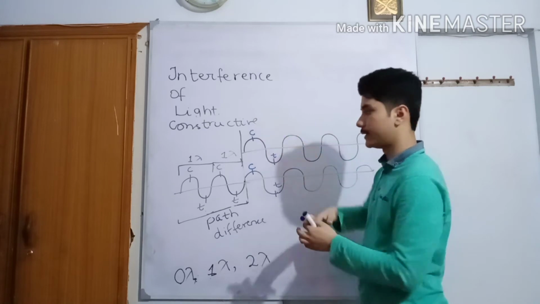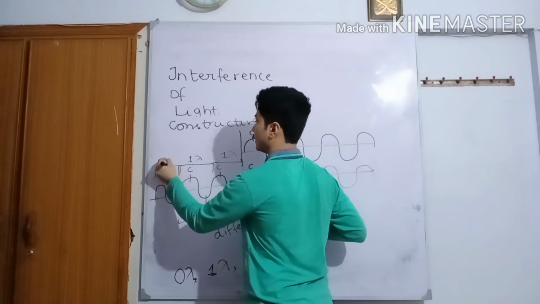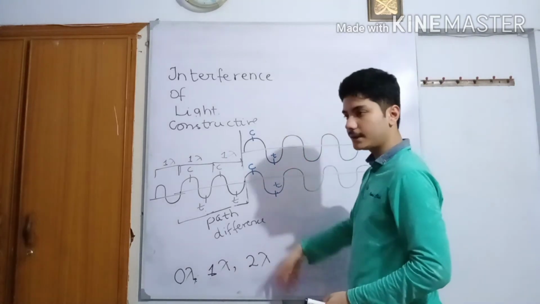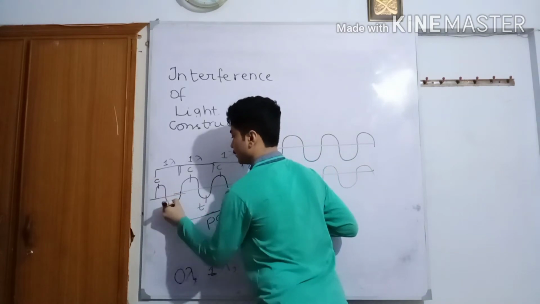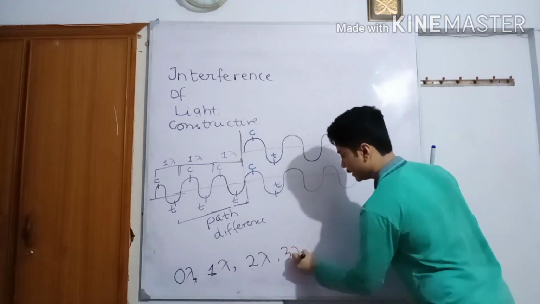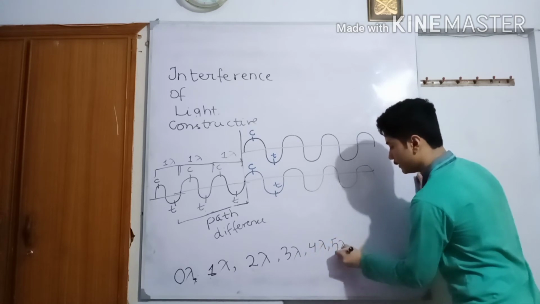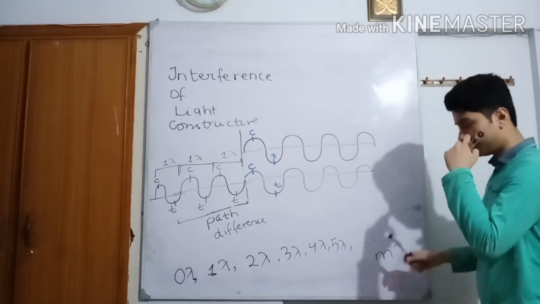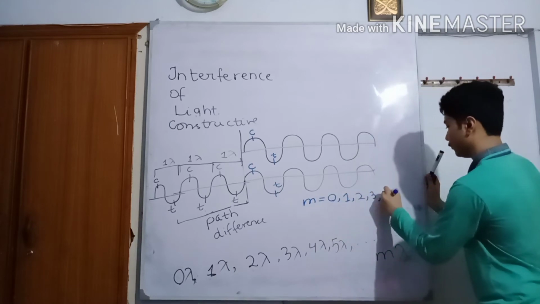It is constructive interference. If I add one more wave here and just assume that I started a light wave from here, what kind of interference is it? It is still constructive, because crest and crest are moving together. So 1 lambda plus 1 lambda plus 1 lambda equals 3 lambda. If I add one more wave behind, it will be 4 lambda, then 5 lambda, and it goes up to m lambda, where m stands for 0, 1, 2, 3, 4 and so on.